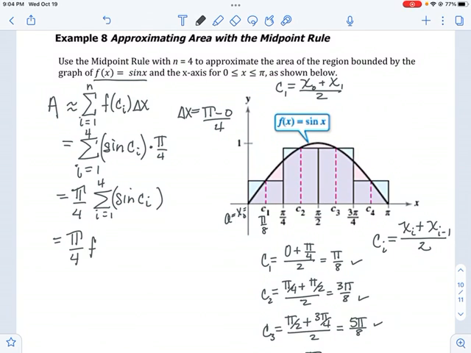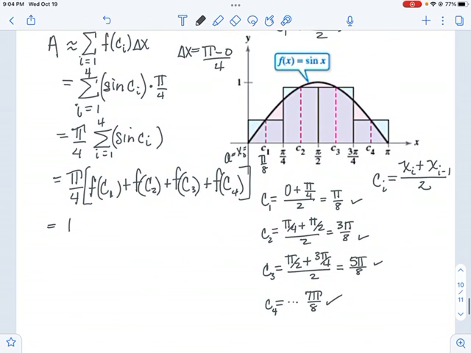So that's equal to pi over 4, and we can say f of c sub 1 plus f of c sub 2 plus f of c sub 3 plus f of c sub 4. I pulled the pi over 4 out front, so I'm not really doing the product of the delta x times that. I'm pulling the delta x out, pi over 4.